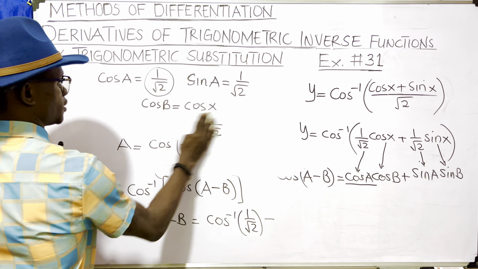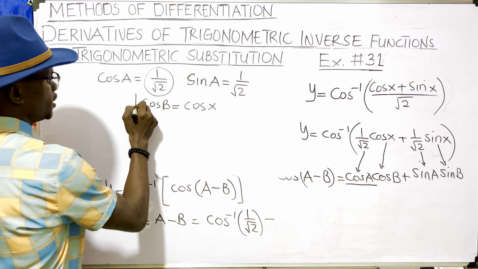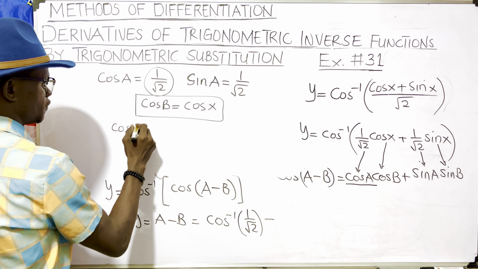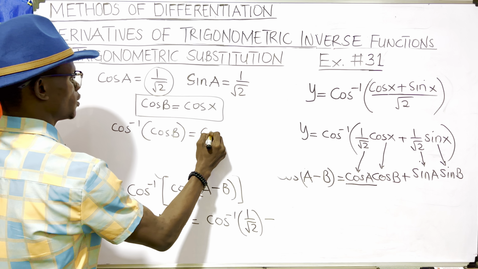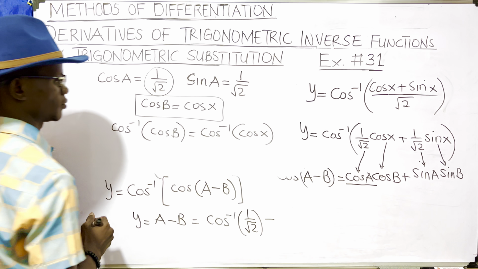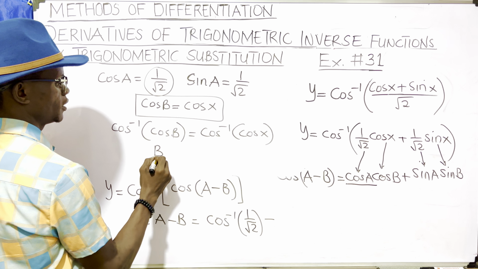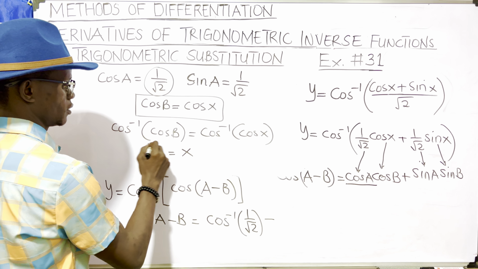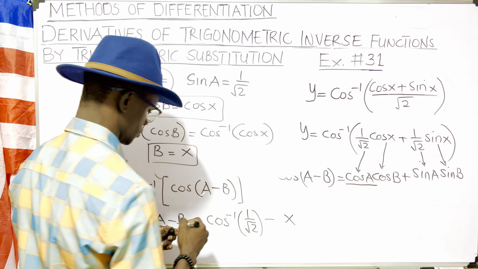So we know that b now is cos inverse of cos of b, which is just equal to cos inverse of cos of x. So cos inverse of cos of b is equal to b, and then cos inverse of cos of x is equal to x. So this is just equal to x.